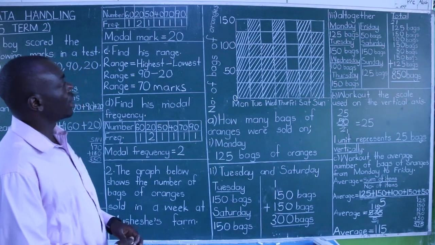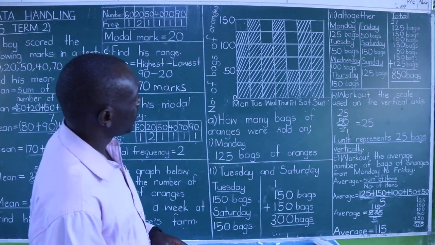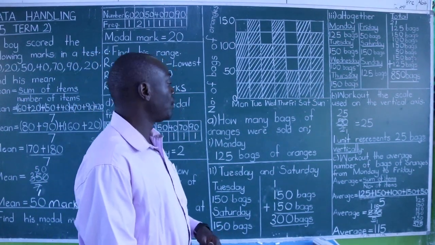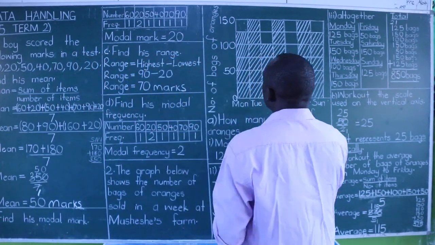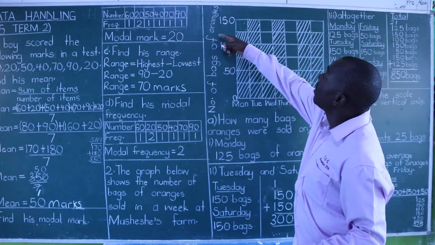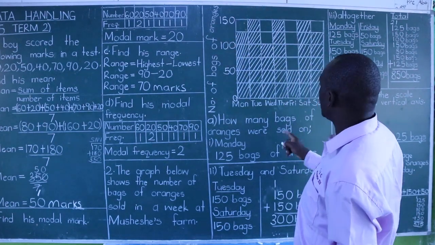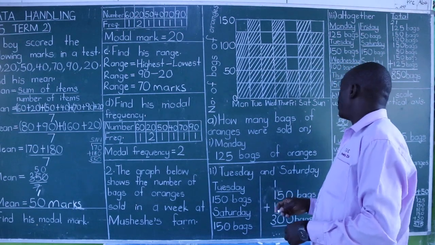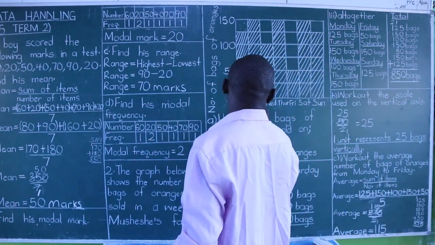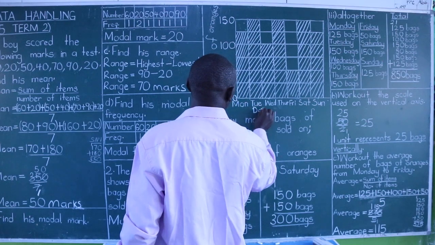You are looking at the graph, always studying before any question is read. So vertically it shows the number of oranges, then horizontally it shows days of the week.